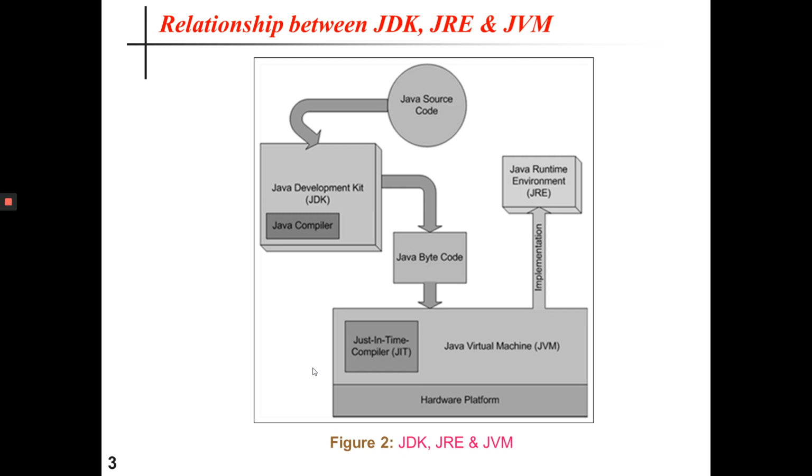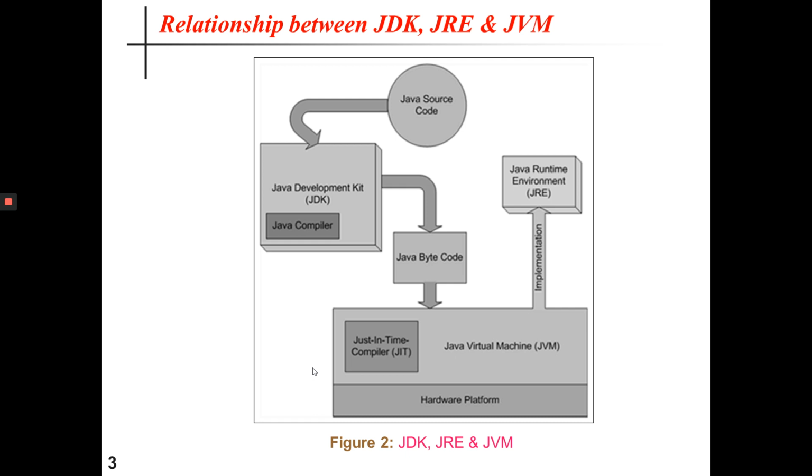Next, I will be making a comparative study which talks about the relationship between JDK, JRE, and JVM. We have already studied the JVM architecture and what are the different subcomponents present in JVM. And now we would like to make a comparison between JDK, JRE, and JVM.